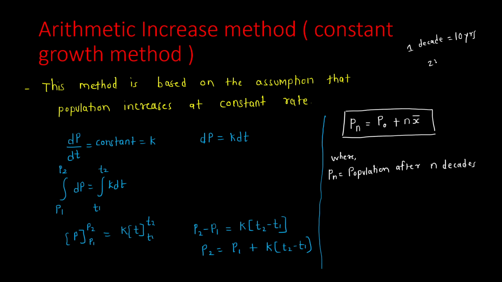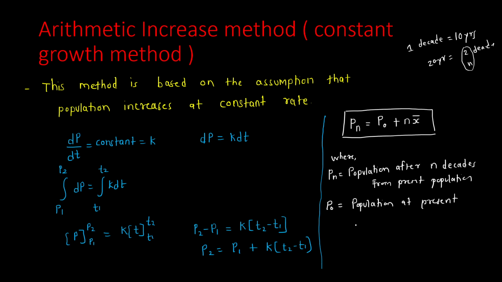That means if 20 years is asked, how many decades will there be? 2 decades, and this is the value of n. So Pn is the population after n decades from the present population. What is P naught? P naught is the population at present.